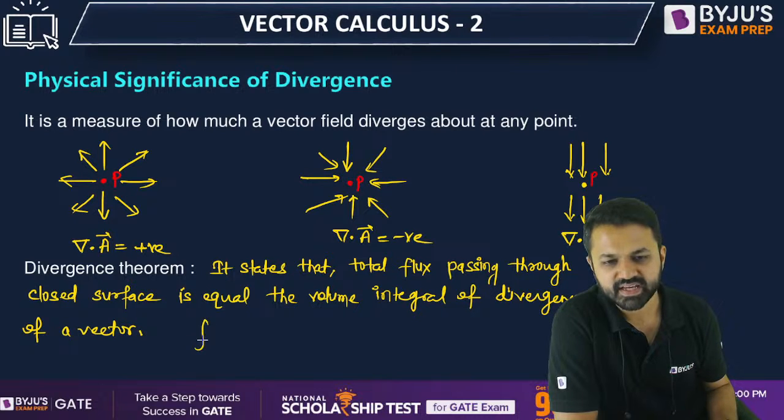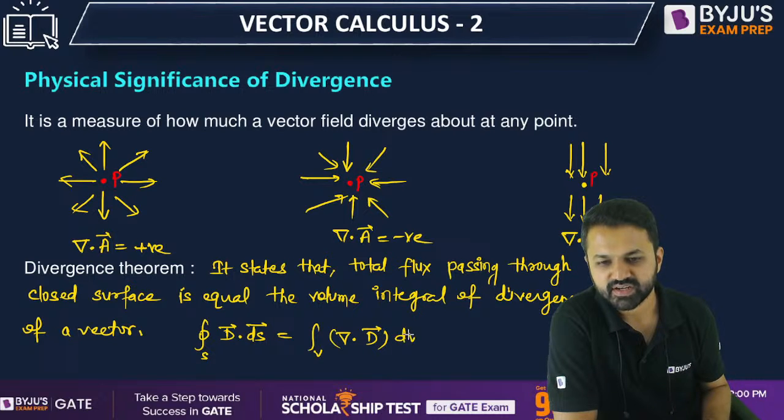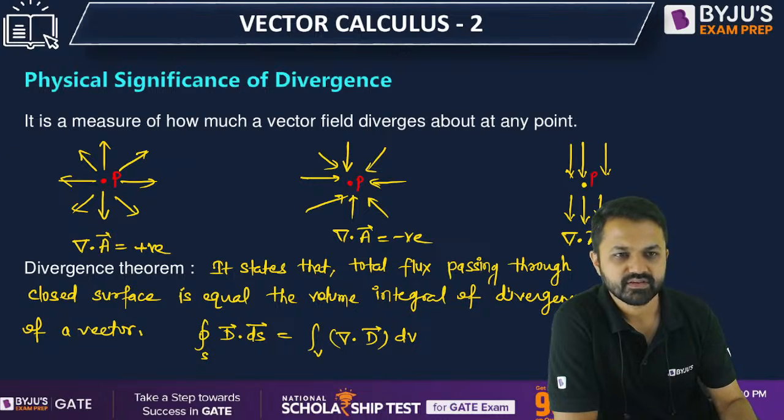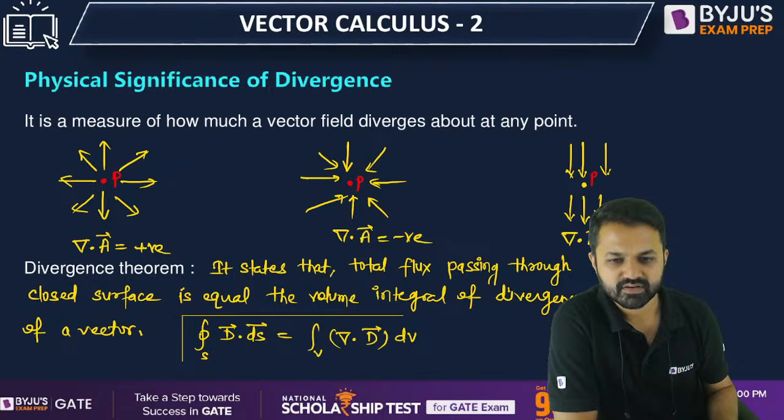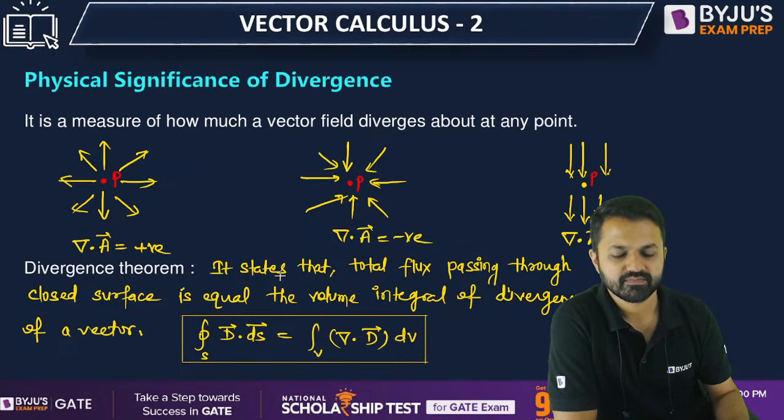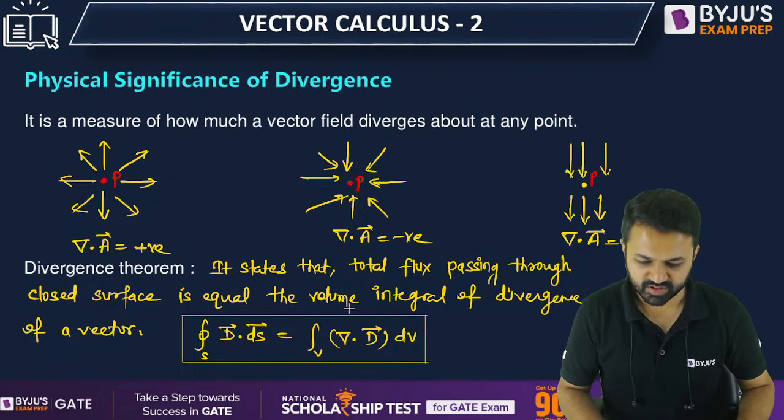That is, the integration over the closed surface of D dot dS, representing the flux, is equal to the volume integration of the divergence of the vector. What is the vector? That is D. So the divergence of the vector D.